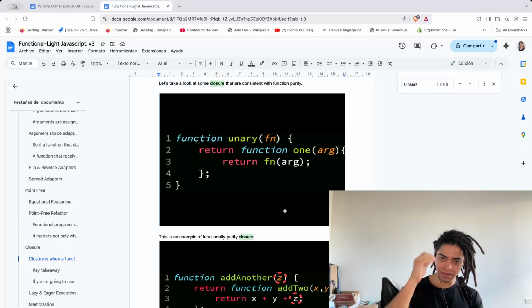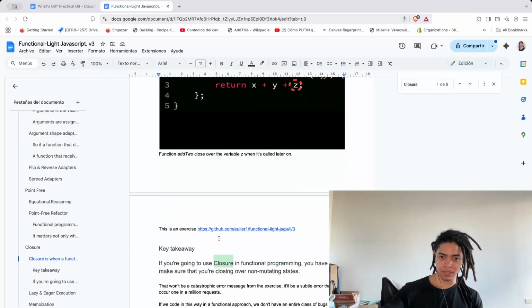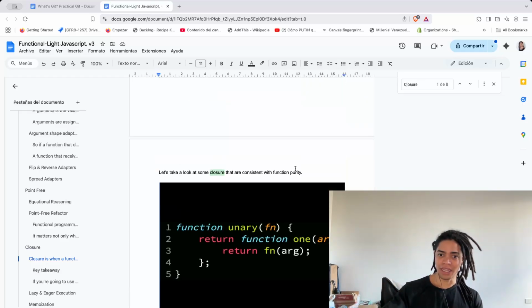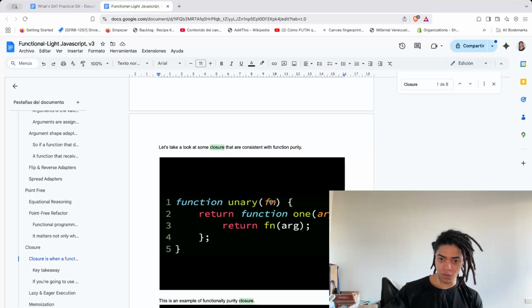And something that I actually put here: if you're going to use a closure in functional programming, you have to make sure that you're closing over non-mutating values. So for example, like this. If you're going to close over something in a pure way, make sure that those variables are not mutating.